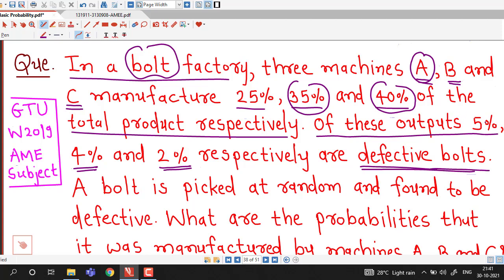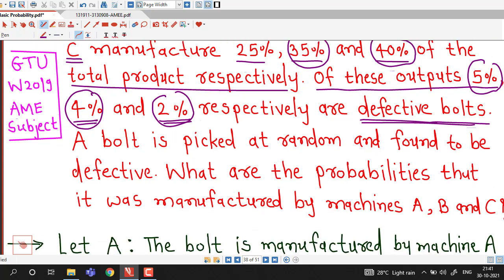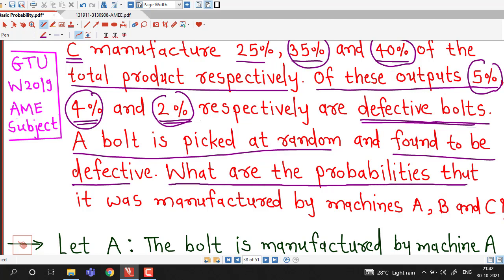That is, 5% are defective bolts by machine A, 4% are defective bolts by machine B and 2% are defective bolts by machine C. A bolt is picked at random and found to be defective. So what are the probabilities that the defective bolt was manufactured by machines A, B and C?